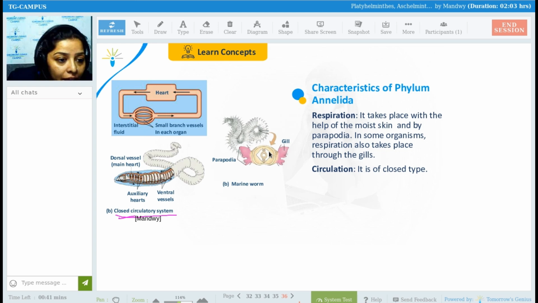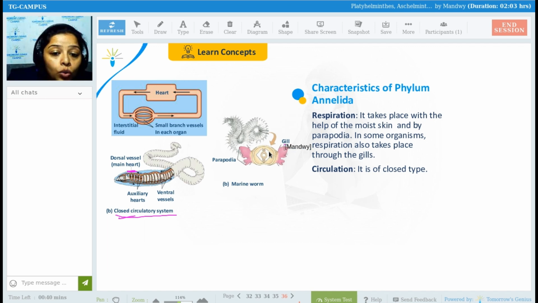So annelids have a closed circulatory system, with respiration with the help of moist skin. With the help of the skin surface, in a moist surface, because of the continuous contact with water, the skin surface becomes moist. So the gases present in the surrounding will diffuse into the skin surface and reach the circulatory system.